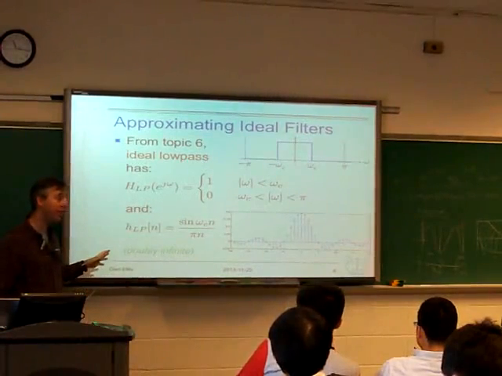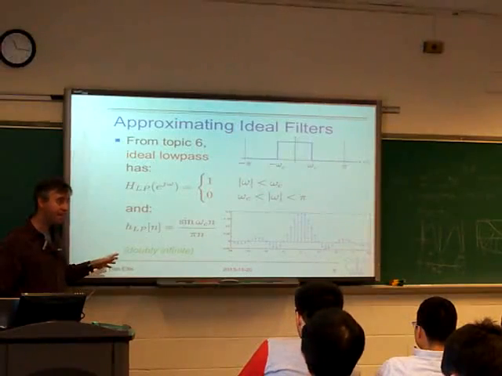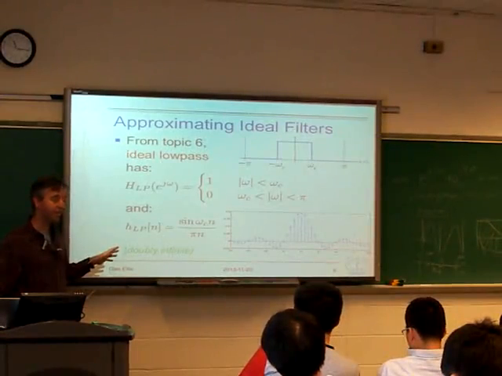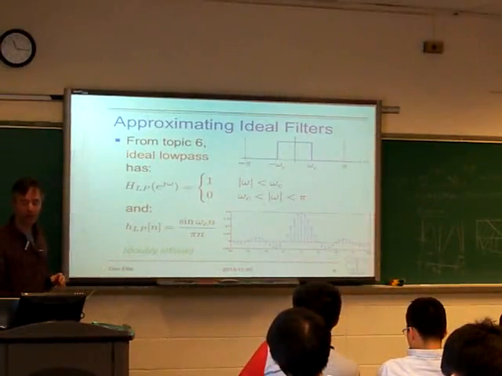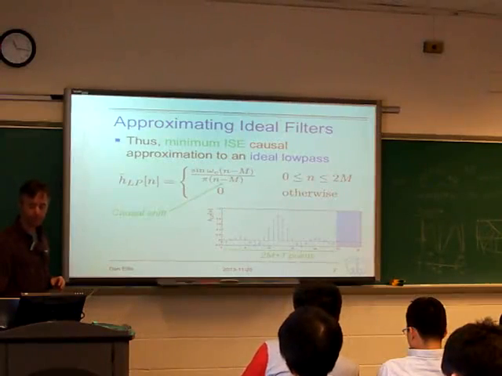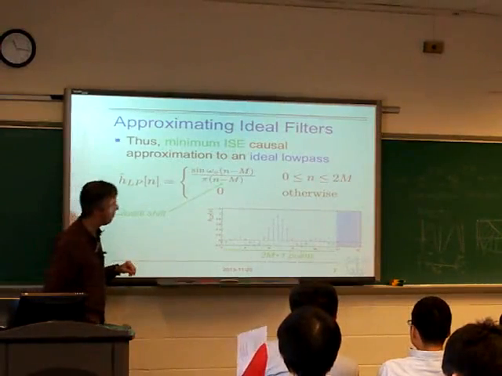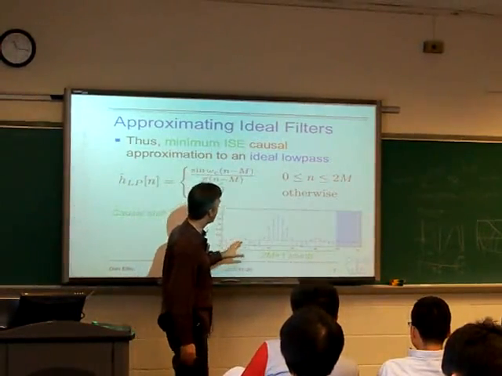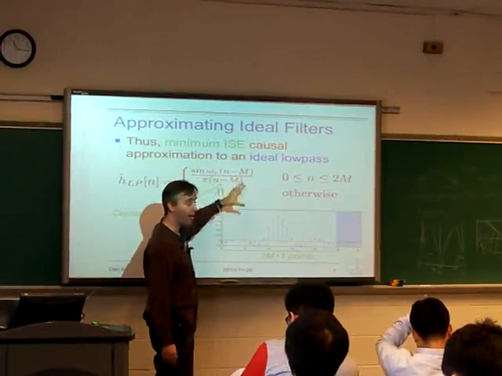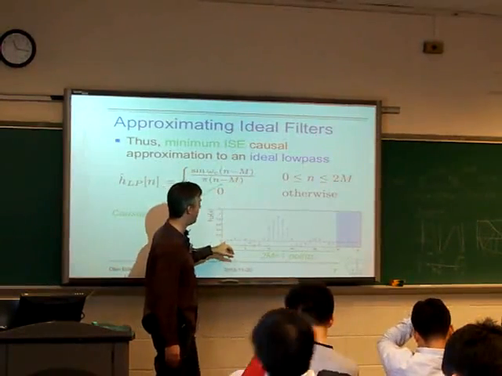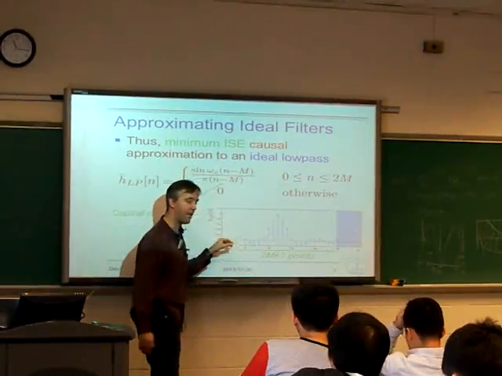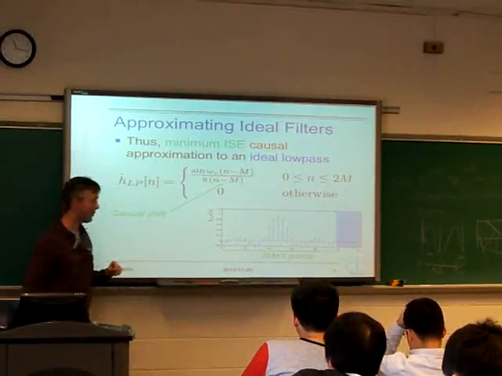And we've just proven that that's going to give us the least integral squared error approximation, the best approximation in terms of integral squared error for the frequency response. And so here, to make it into a causal response, we can just delay it by n points if we've got a 2n plus 1 point filter. And so here's our nice finite length approximation to an ideal low-pass filter.